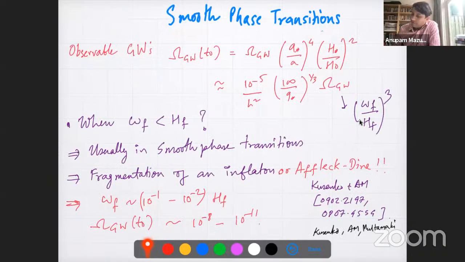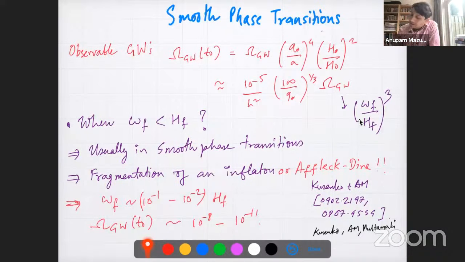And if you can convert that into observable omega today, which is roughly 10 raised to minus 5 times this original omega, you can show that, you have to take my word and you can go through the papers, that any phase transition which is very smooth, it's not a first order phase transition, typically omega is less than h, 10 raised to minus 1, 10 raised to minus 2. And again, you can get the omega today roughly around the bulk part of 10 raised to minus 8 to 10 raised to minus 11.